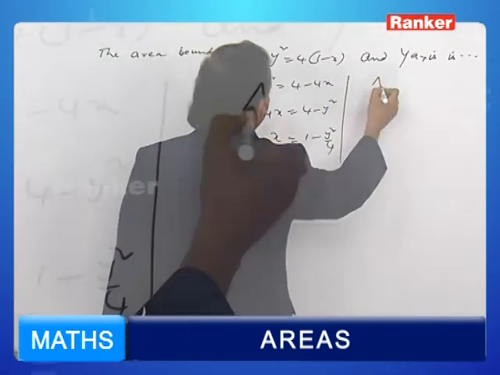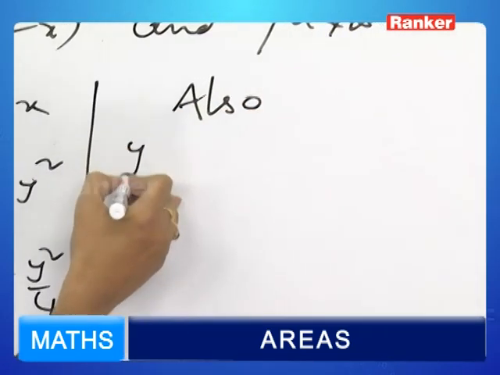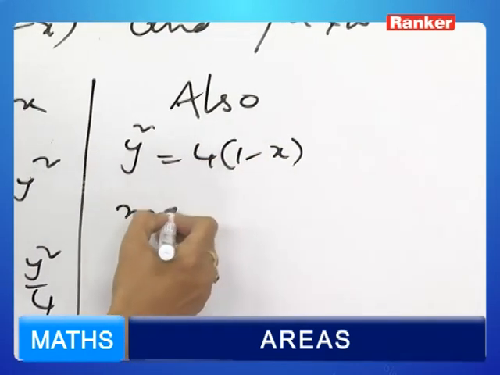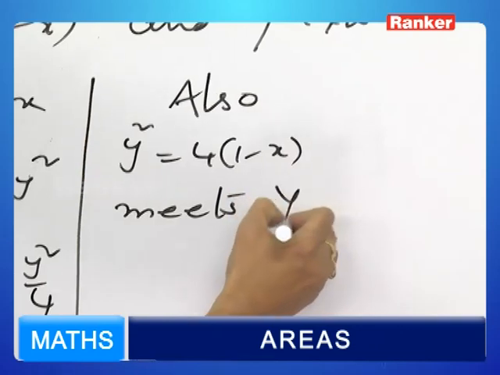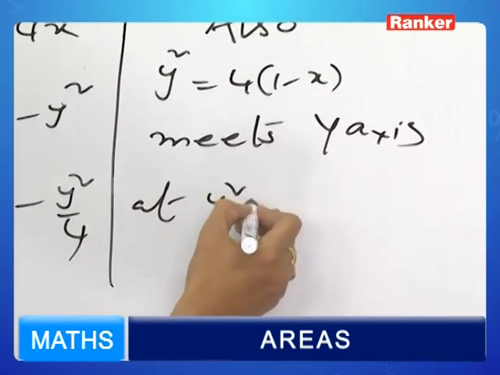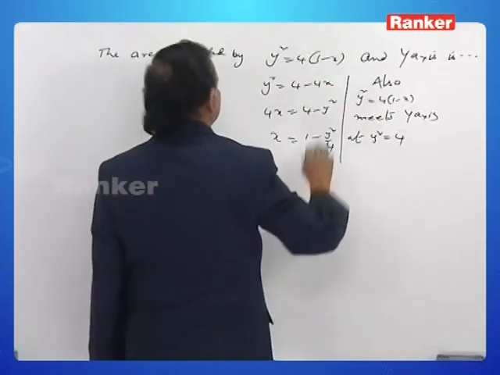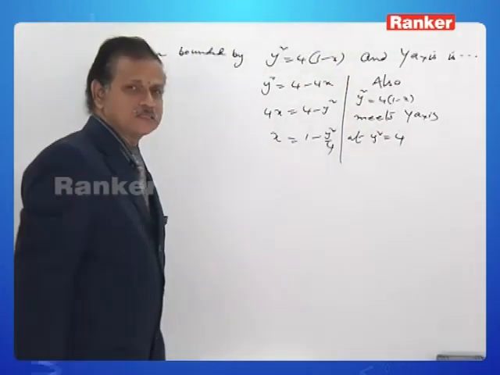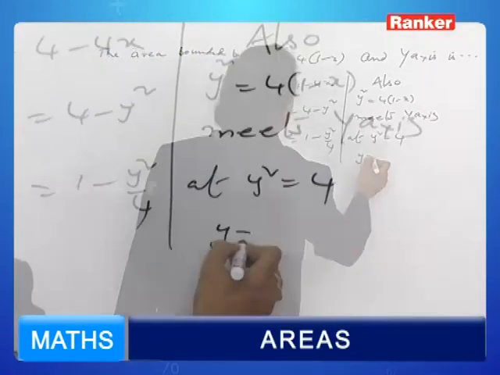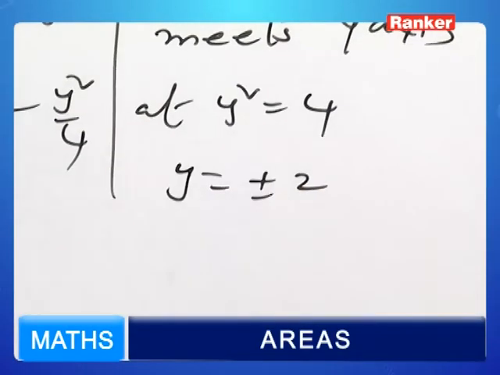Also, y square is equal to 4 into 1 minus x meets the y-axis at y square is equal to 4, isn't it? 1 minus 0. On the y-axis, x coordinate is 0, so y square is equal to 4, or y is equal to plus or minus 2.